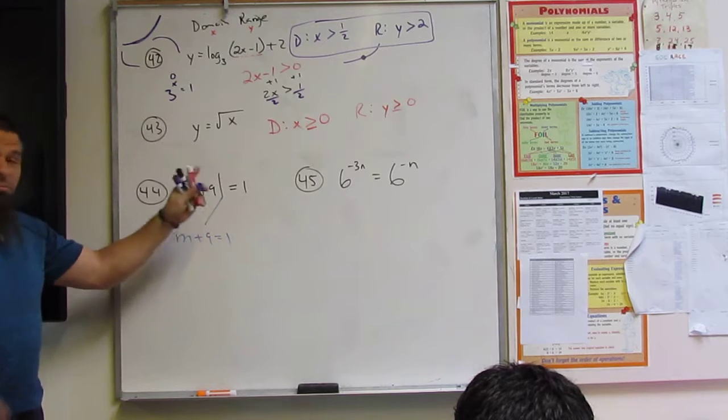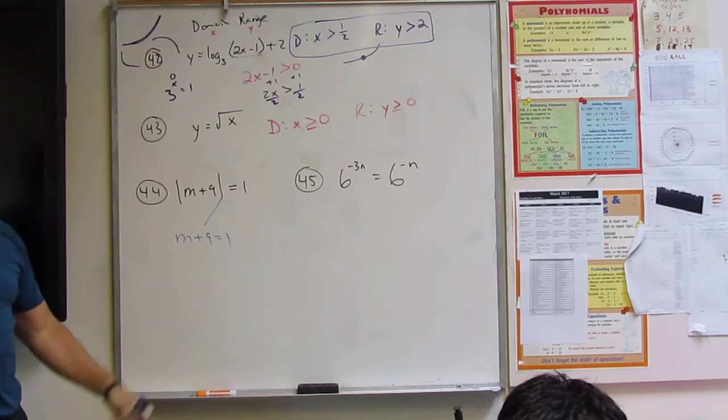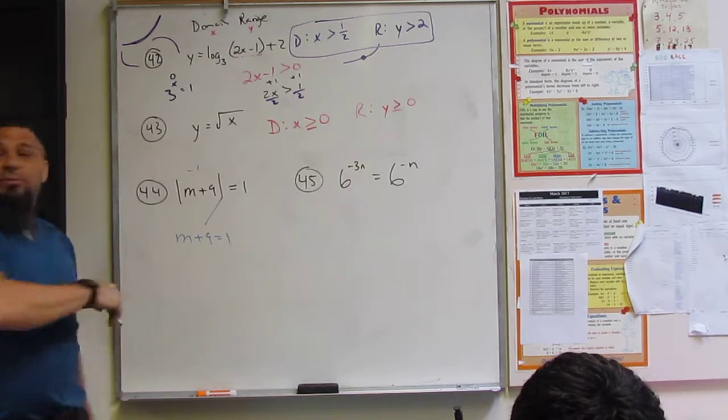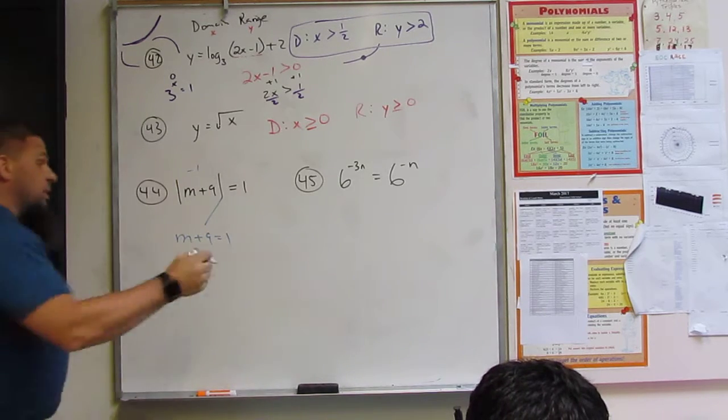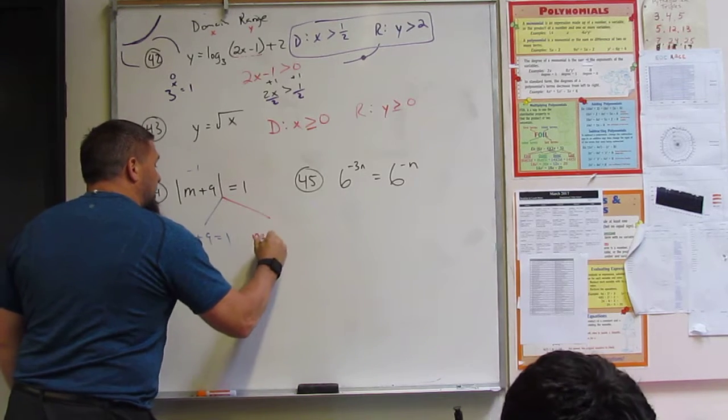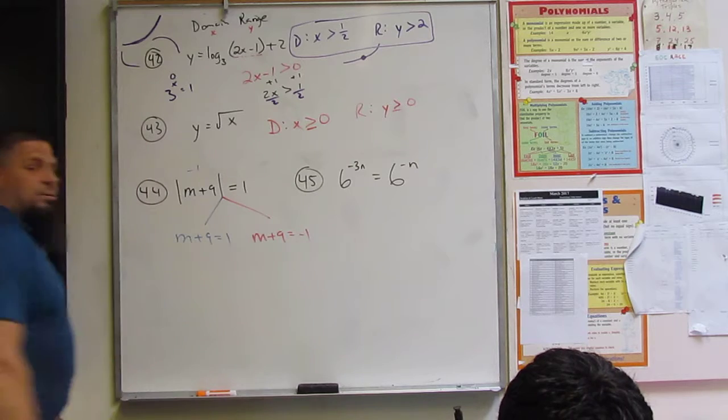But we want to come up with 1. Well, there's 2 ways to come up with 1 in this case. 1, right? And then negative 1. If it were negative 1, it'd still be 1, right? So then we need to set it up so that this is equal to negative 1.